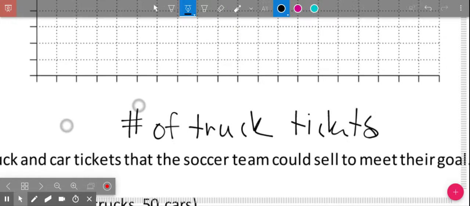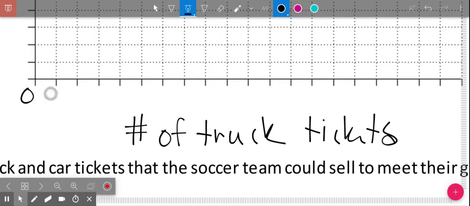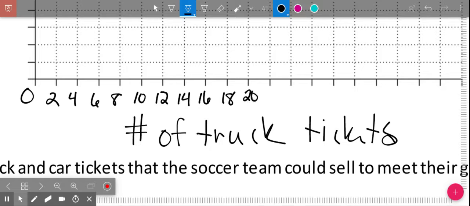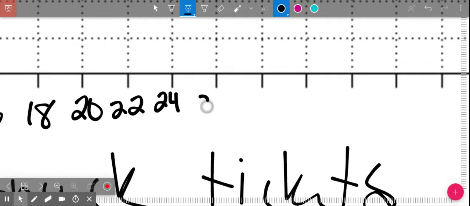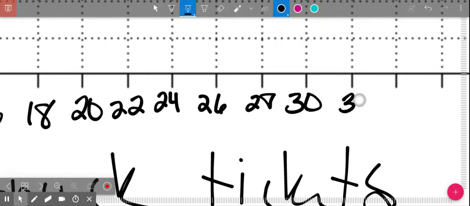And we need that to go to 30. So I'm going to go up by 2's. And I met my goal. I'm going to keep going a little bit further though.